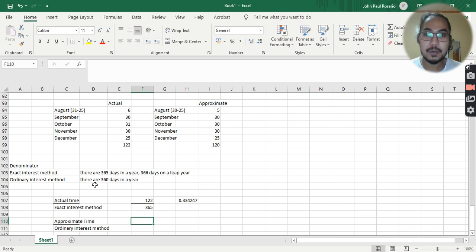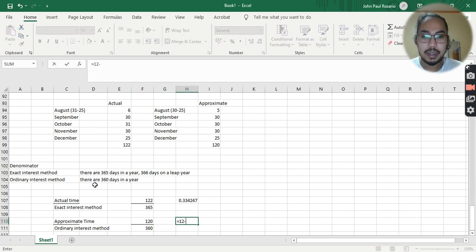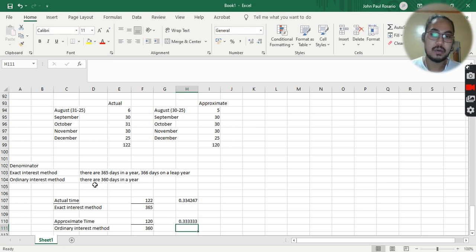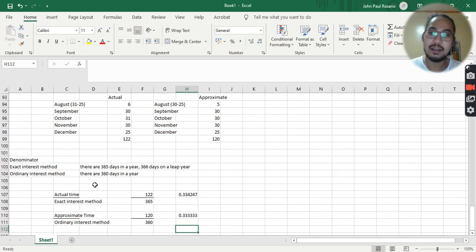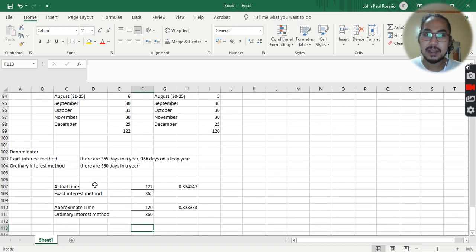So our approximate time is 120 days, and for the ordinary interest method, the denominator is 360. So 120 over 360. Using this, our time is only 0.3333.